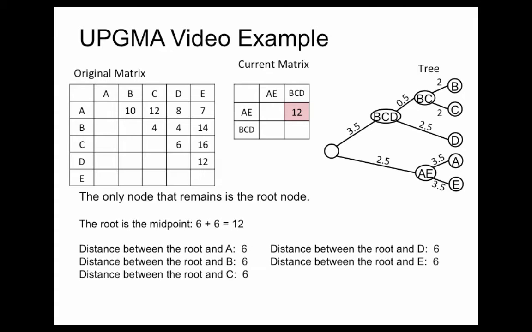Okay. Oh, yes. So you calculated the root nodes by looking at 6 different leaves. Correct. Is it just coincidence that it's the same if you were to do the distance from A to BCD, which is 10, and the distance from E to BCD, which is 14, divided by 2 is 12? That's just because mathematically it comes out to that.